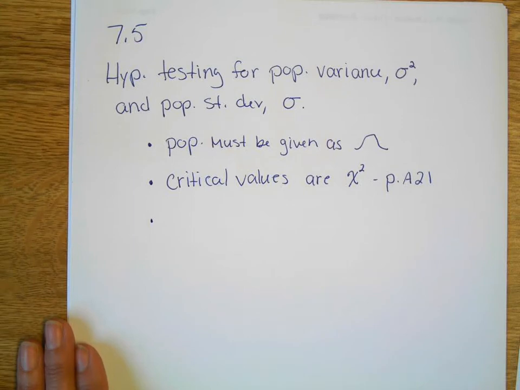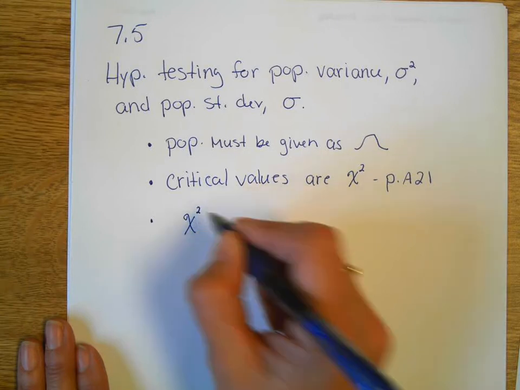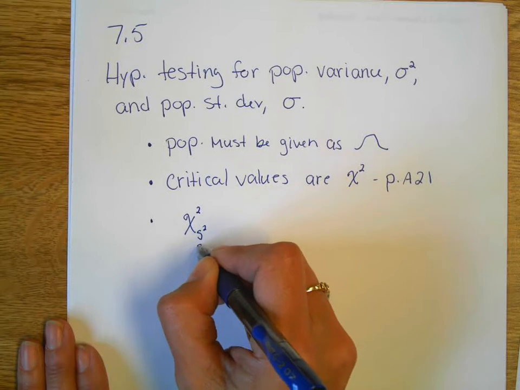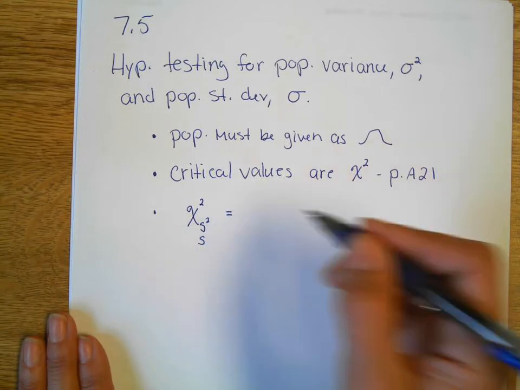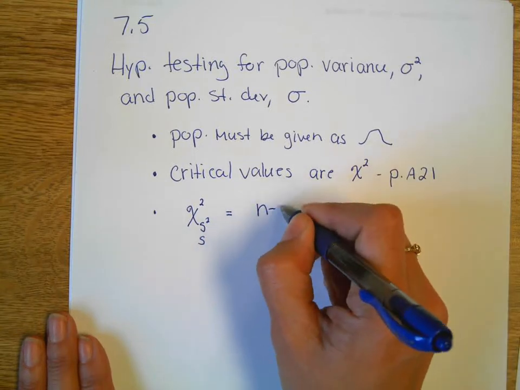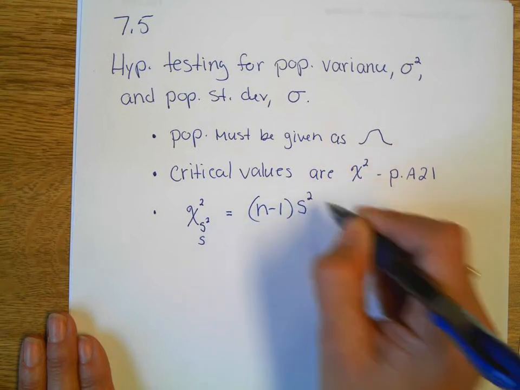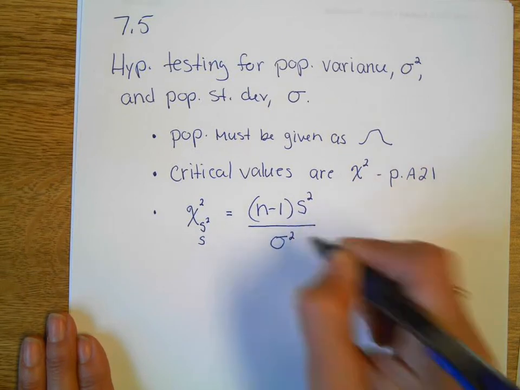And then the formula we're going to use, the chi-square for your sample variance or sample standard deviation, the S squared or the S, the formula is n minus 1 times the S squared over the sigma squared.